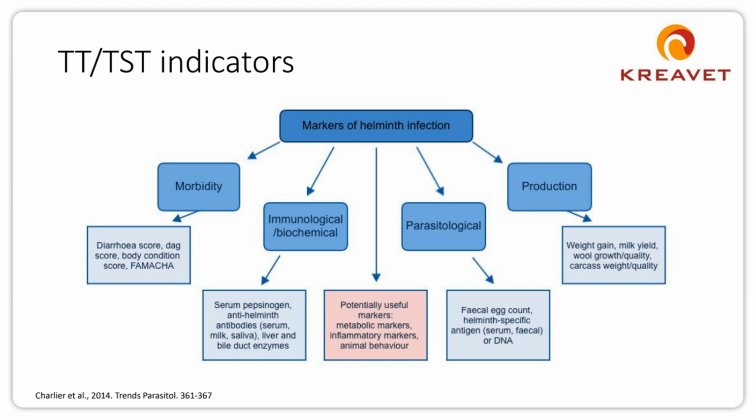We can have parasitological parameters, fecal egg count, or antigen tests, like the copro-antigen ELISA for Fasciola, or PCR tests. And we can use production parameters: weight gain, which we talked about, but also milk yield and carcass weight, to detect low-performing animals that will likely benefit from treatment.